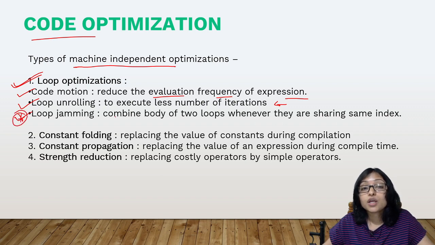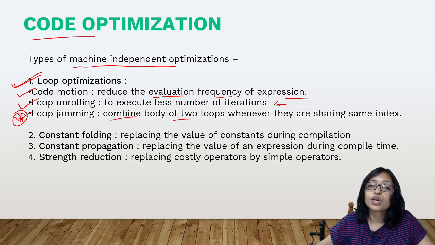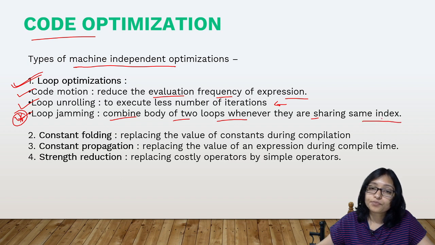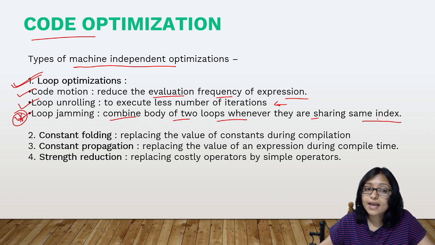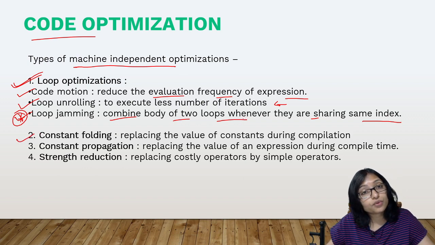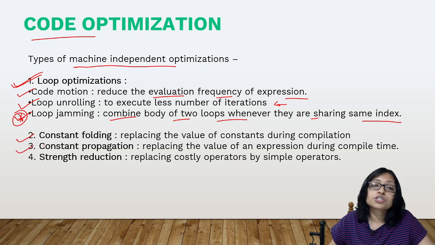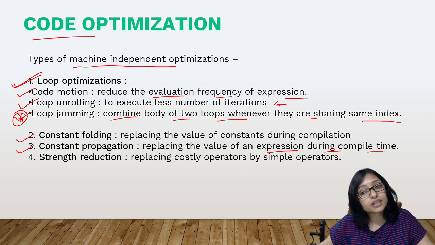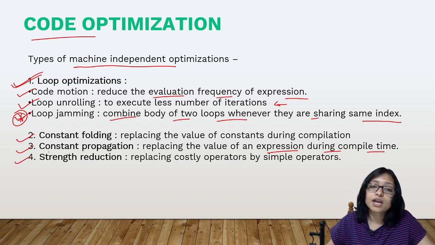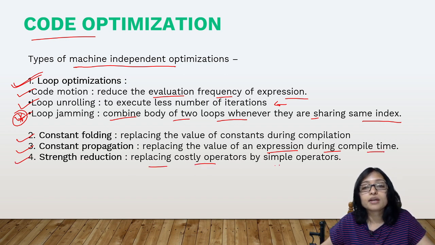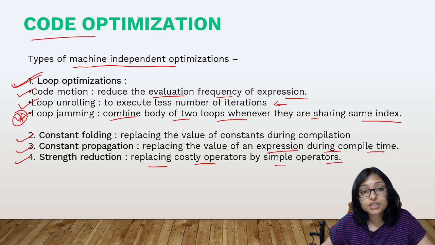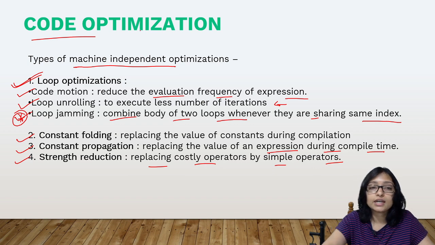Loop jamming, where questions often come, means combining the bodies of two loops whenever they share the same index. There is also constant folding, replacing the constant during compilation, and constant propagation, replacing the value of an expression during compile time, and strength reduction, replacing a costly operator by a simpler operator. These are the parts of code optimization that is machine independent.